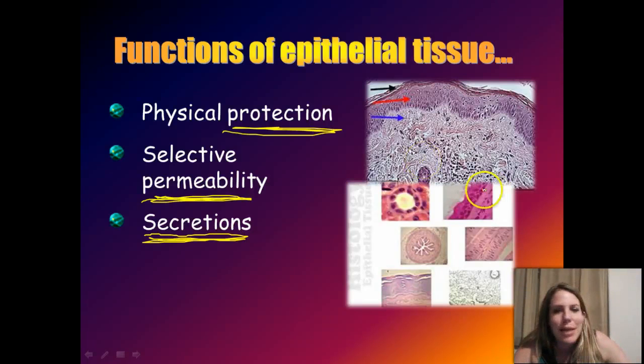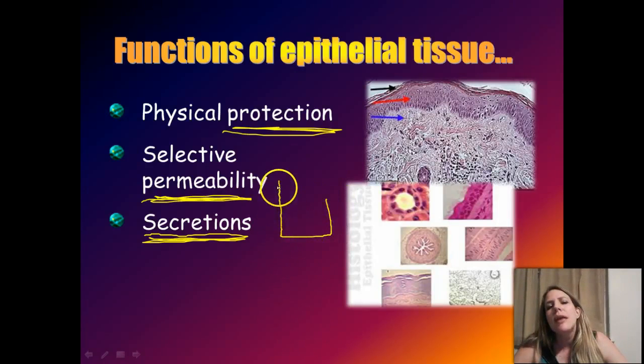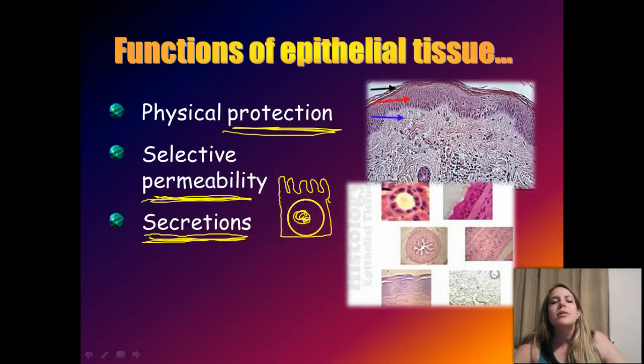So let's take an example. Let's draw a typical epithelial cell here. And as you'll learn in a minute, they come in different shapes and sizes, but I'm going to do a nice simple one. Let's say this guy looks like a cube. And in many cases, they have some kind of little projections at one end. And of course, let's draw the nucleus. You can't forget the nucleus.